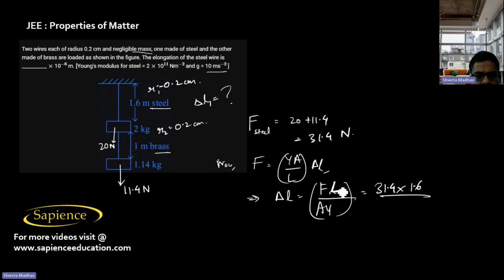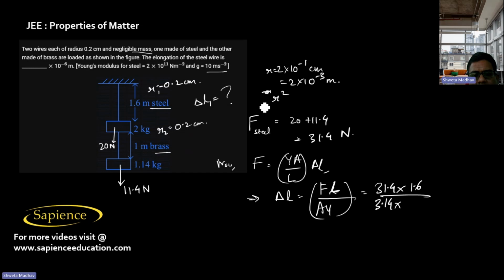The area of cross section is pi r square. It's 3.14 into r square, where r is 0.2 centimeter, meaning 2 into 10 power minus 1 centimeter. That is the radius, which is 2 into 10 power minus 3 meter.